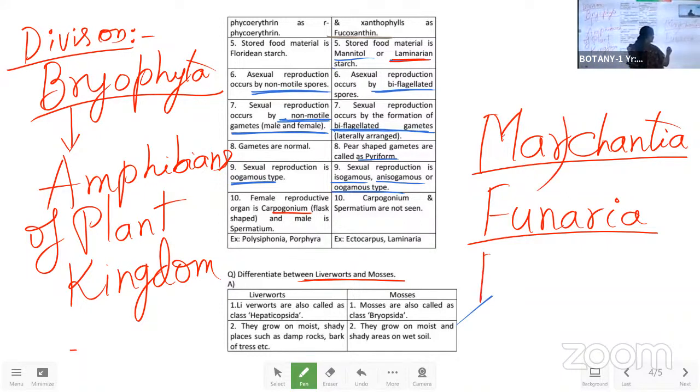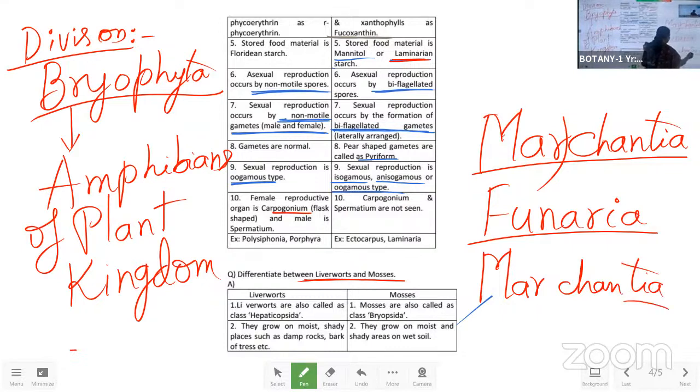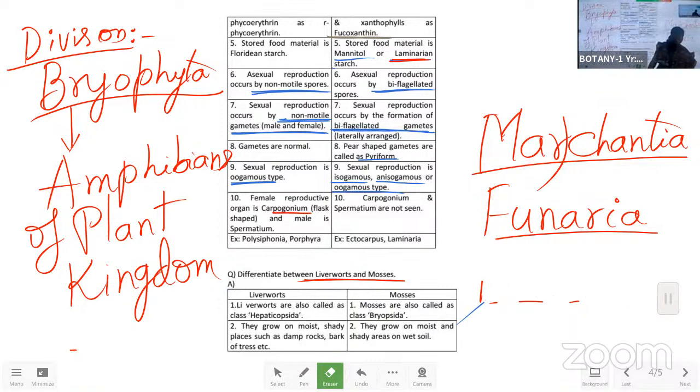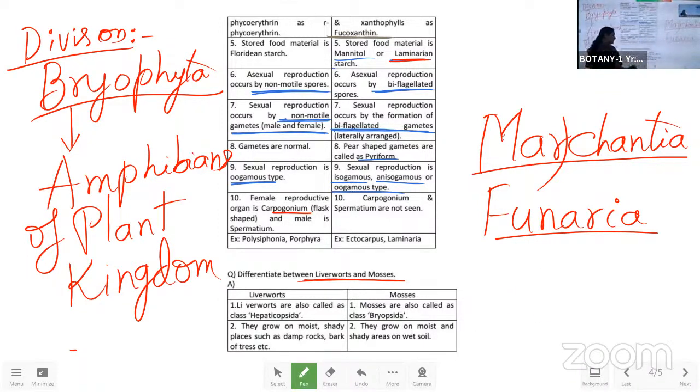Some people will write like this, Mar, can, tia. We will prepare like this, but the space should not come in between the letters. So take care of all these minimum things when we are learning the subject. From first year onwards, we have to learn things properly because we are going to become doctors, and when we go into professionalism, we have to be very perfect.